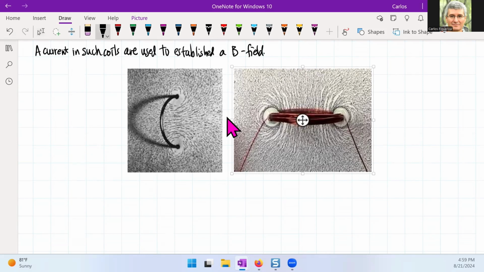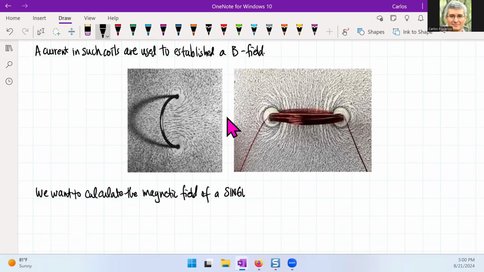So we want to calculate the magnetic field of a single current loop and extend it to n turns for a coil.